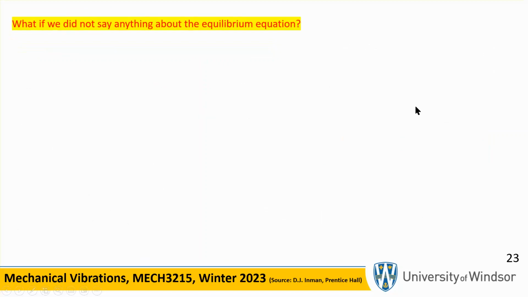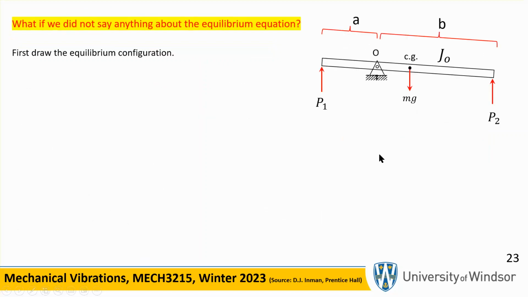Now, what if the equilibrium position was not that horizontal position? In other words, if I include the weight at the CG, then the situation is like that.